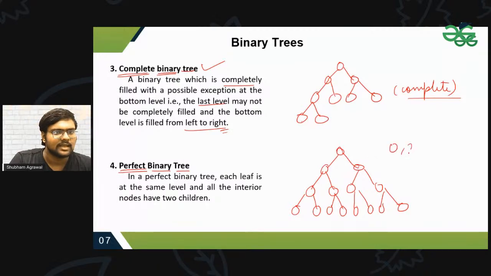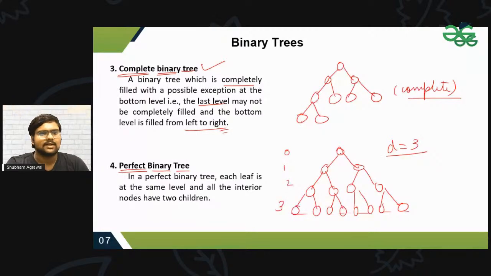If we have a depth of 3, here depth is 3: 0, 1, 2, and 3. So in this tree the depth is 3, and the number of nodes at the last level is 2 to the power d, so it is 2 to the power 3, that is 8. So this is the formula to compute the number of nodes in the last level of a perfect binary tree. A perfect binary tree has 2 to the power d nodes at depth d.